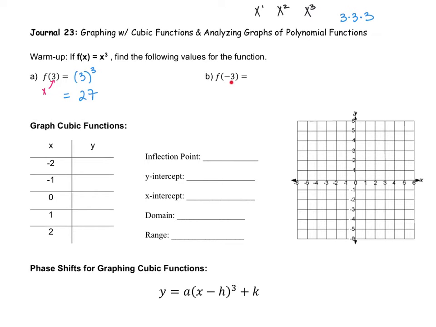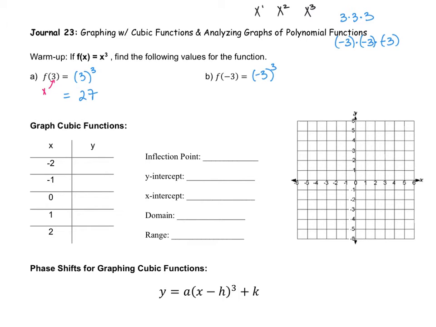I'm plugging in -3 for x, so this is going to be -3 to the third power. So I have to ask myself, what is -3 times -3 times -3? It might help to put some parentheses around here so we don't get confused with the negative signs being subtraction signs.